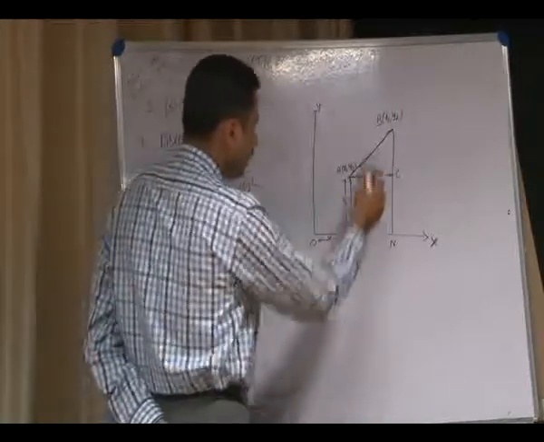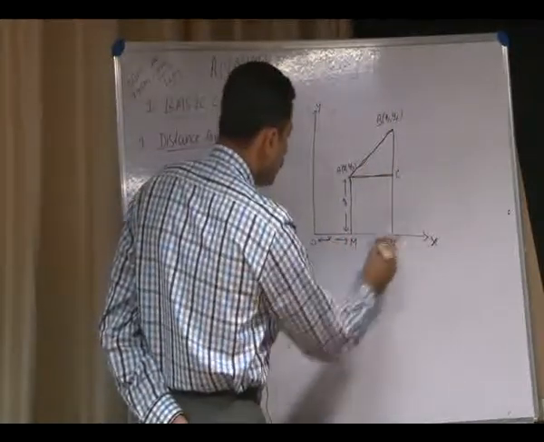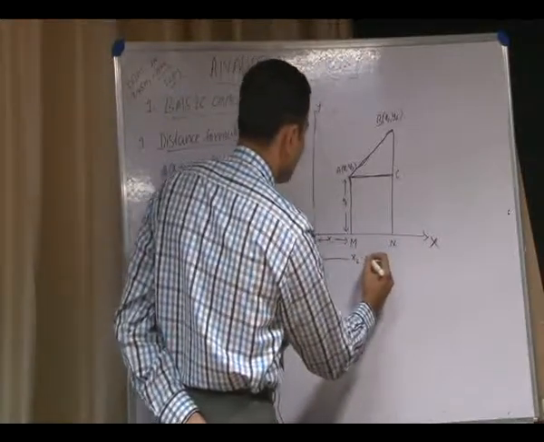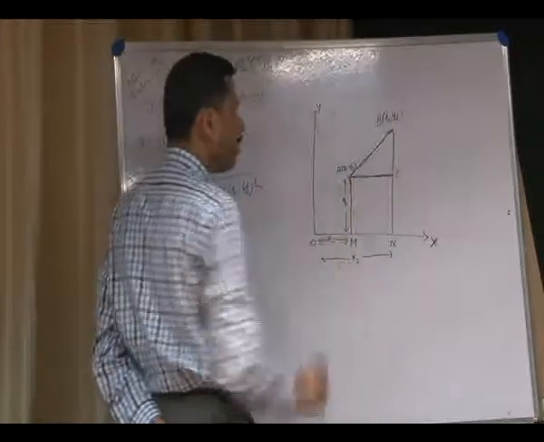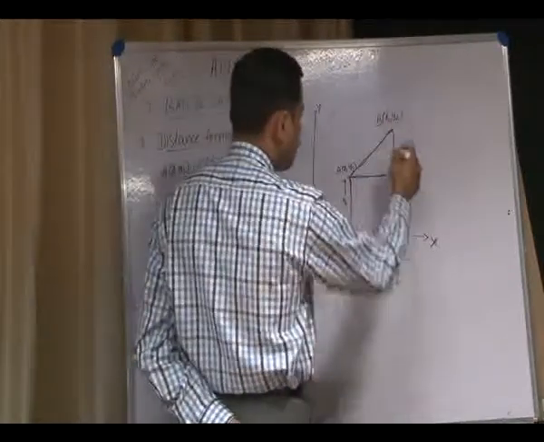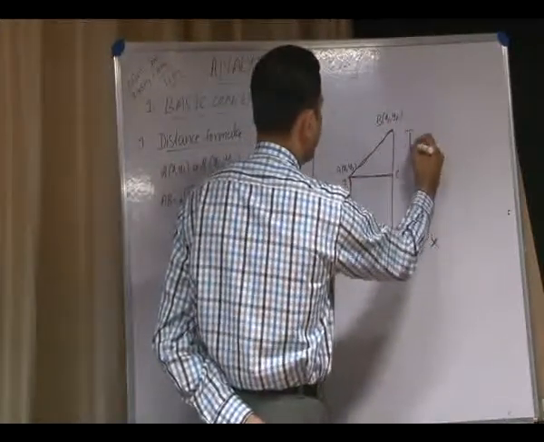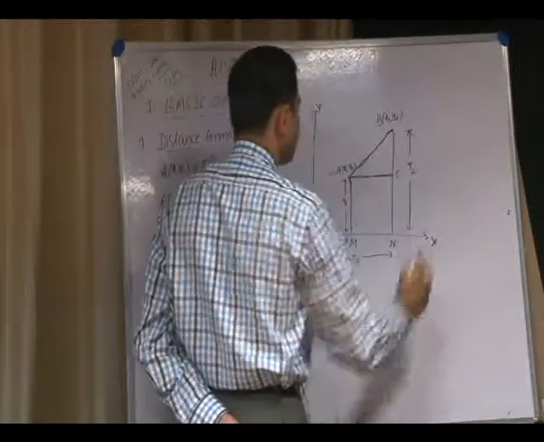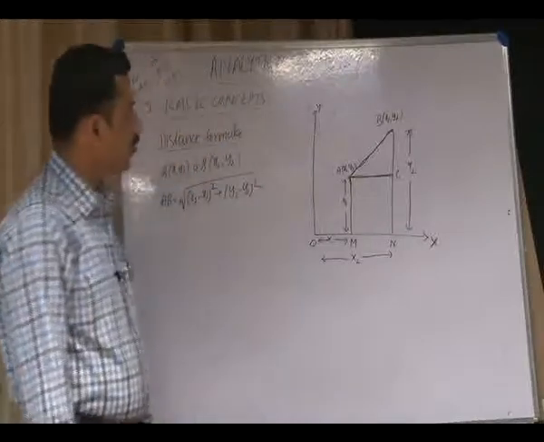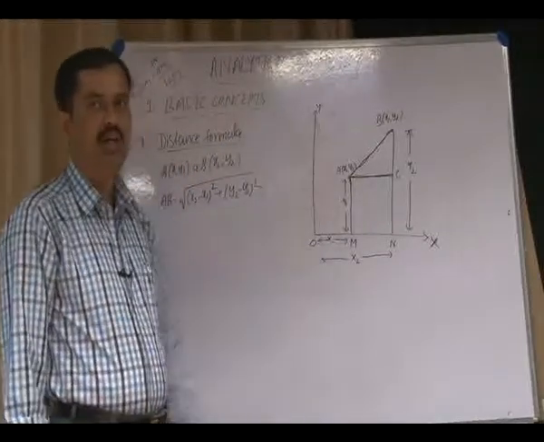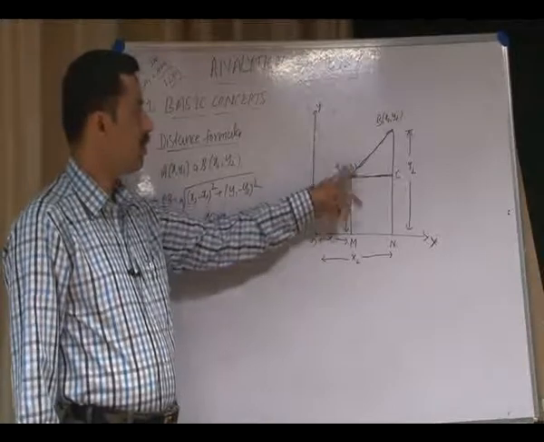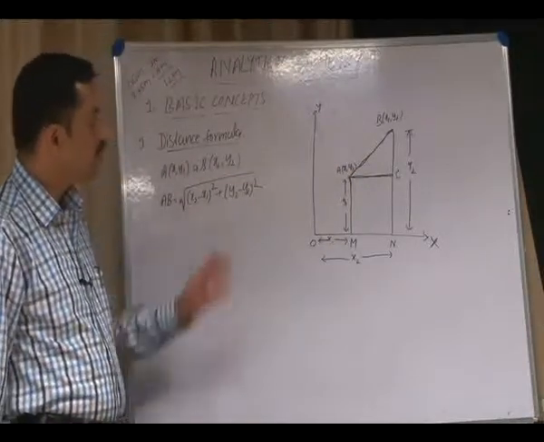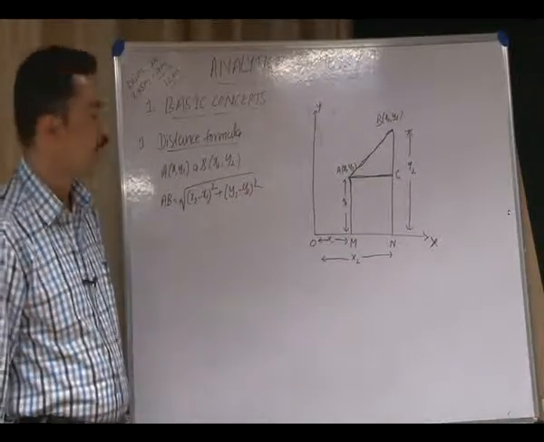The distance ON from the origin to the point N is taken as x2, the x coordinate of point B, and the distance BN is the y coordinate, y2. So, the coordinates of A are x1, y1 and of B are x2, y2. These two coordinates will be given, then you find the distance between these two points.